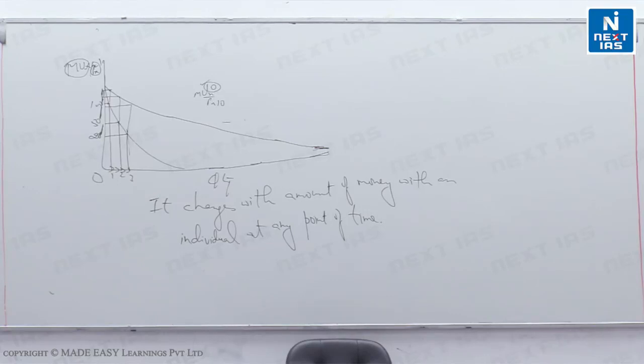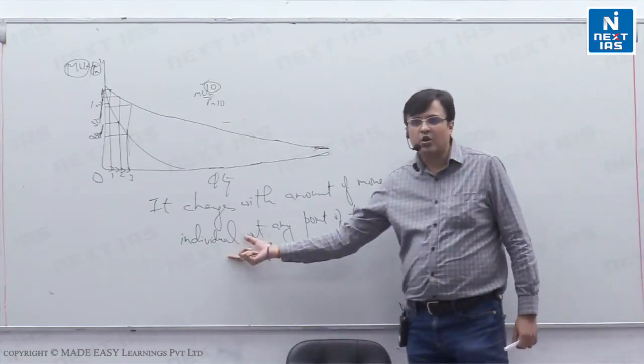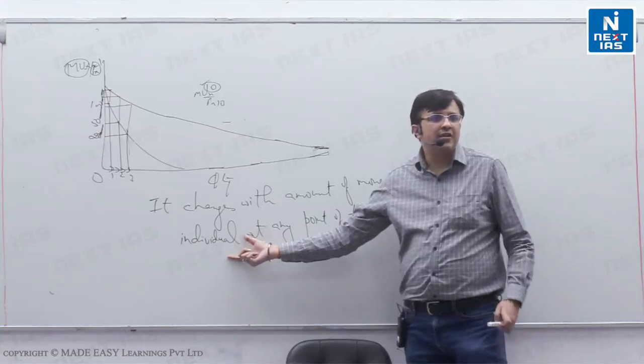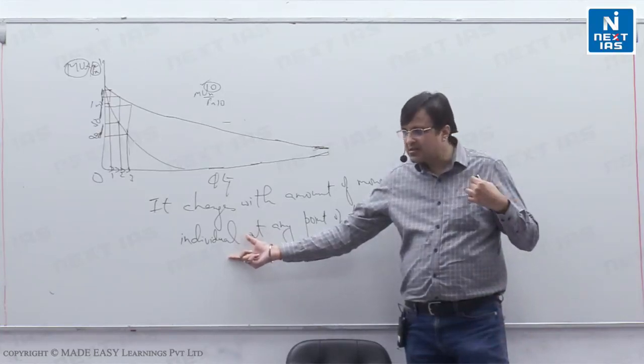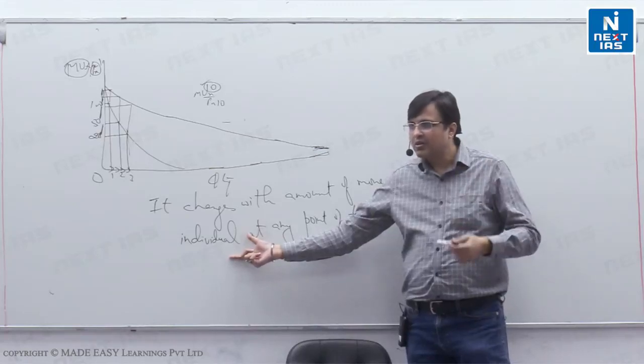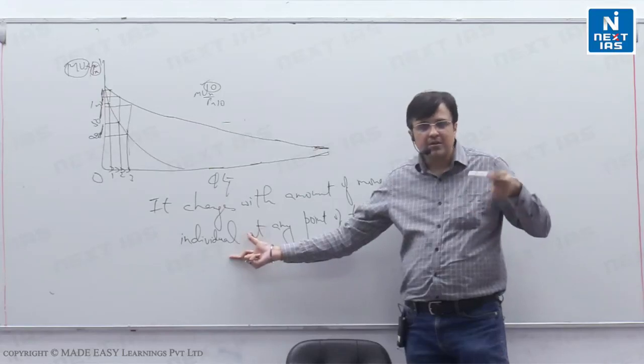There is no contradiction because I'm using the word individual. My marginal utility for money will rise if my income goes down, and my marginal utility for money will fall if my income goes up.